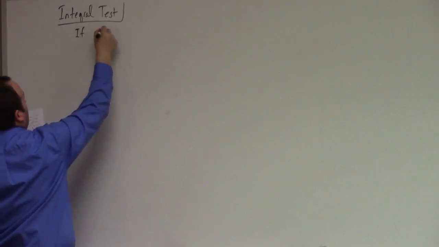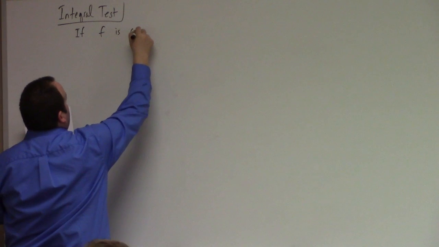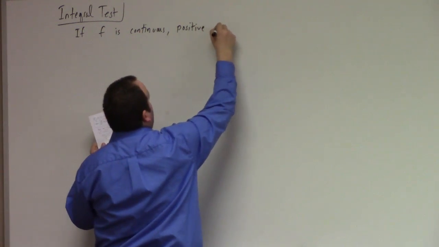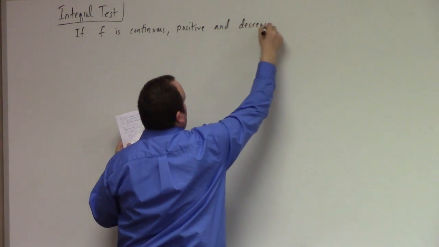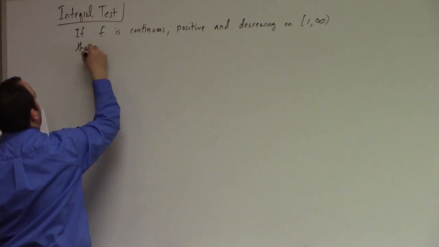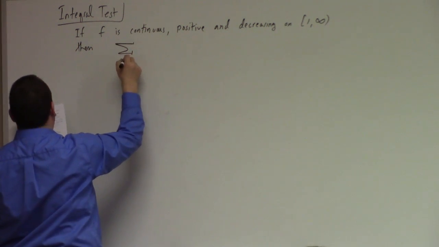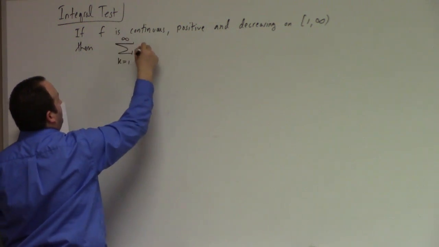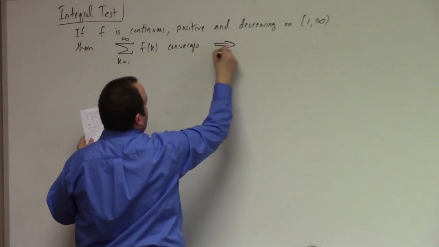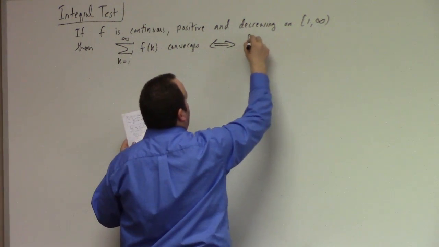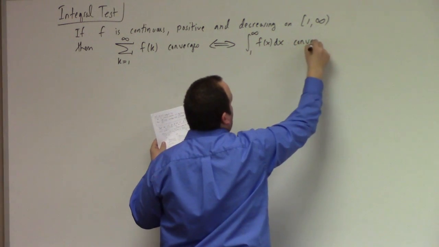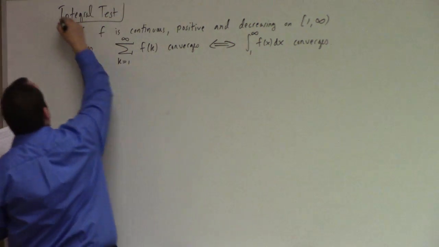If f is continuous, positive, and decreasing on 1 to infinity, then the sum k equals 1 to infinity of f of k converges if and only if the improper integral from 1 to infinity of f of x dx converges. That's the integral test.